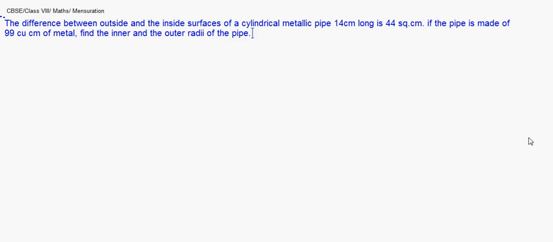Okay, as we are dealing with outside and inside radius, I will mark the external radius as capital R. We write the external or outer radius as R centimeter, and the internal radius as small r centimeters, right?